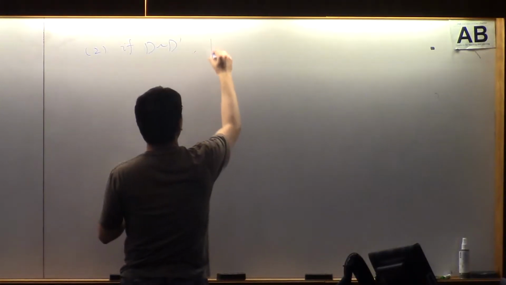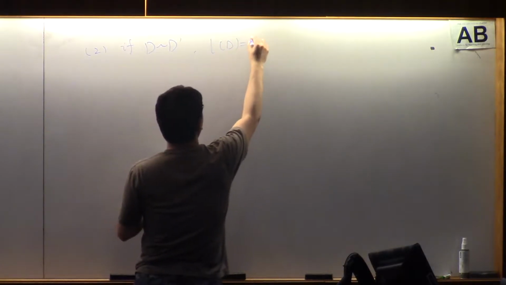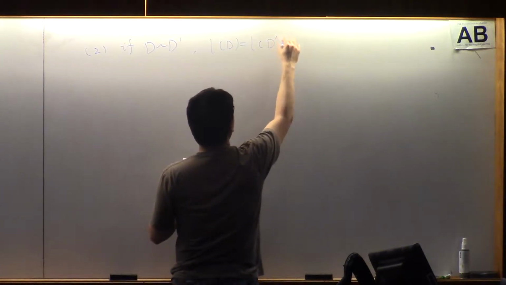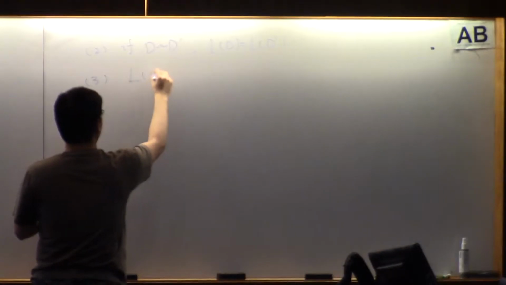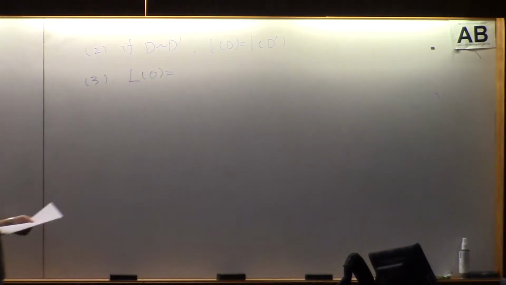So if you have two divisors and they are linearly equivalent, then the dimension of the associated vector space should be the same. And next thing is you just consider the zero divisor.